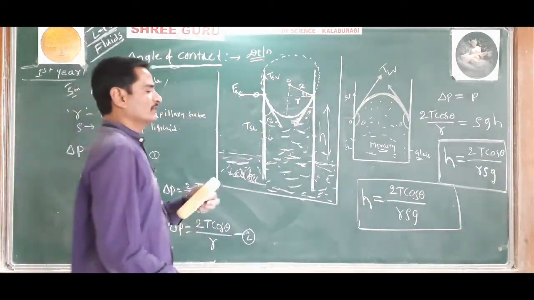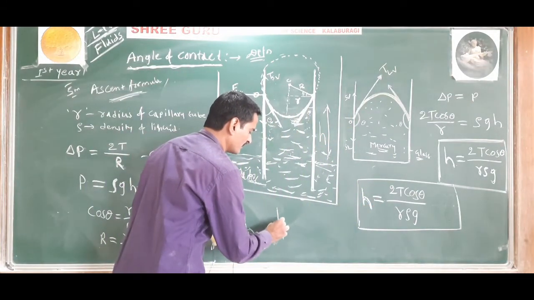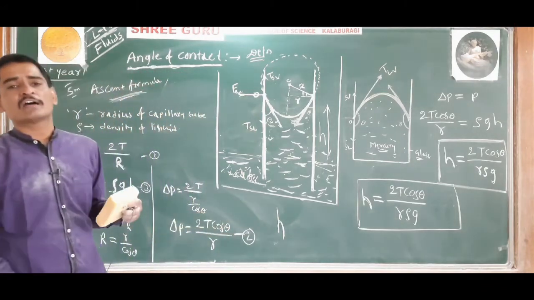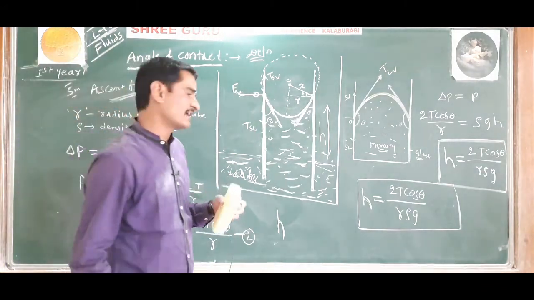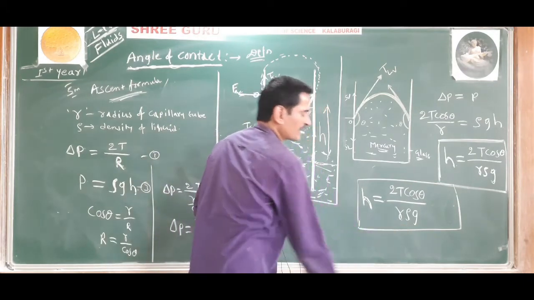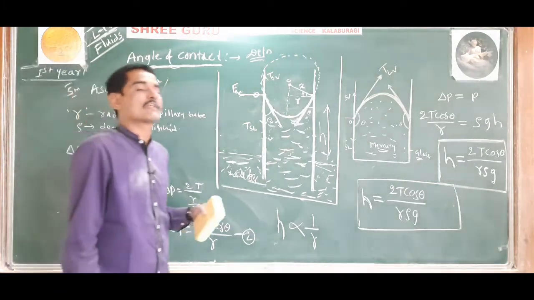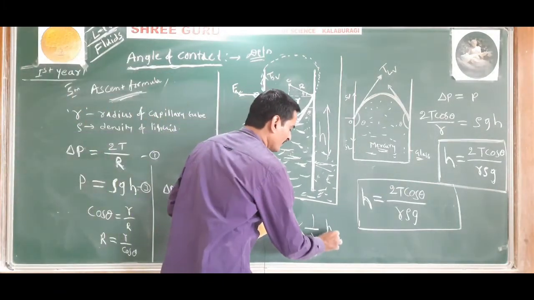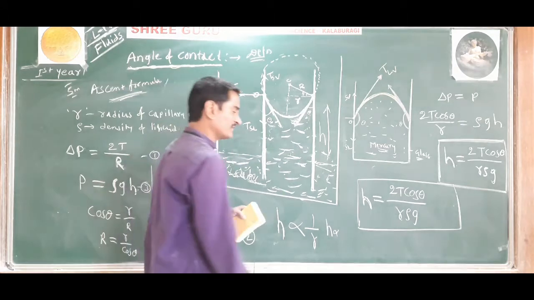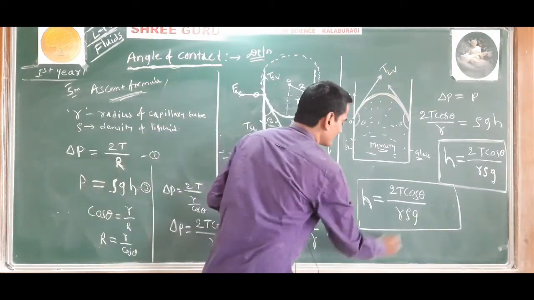Understood? Okay. So from this we understood that the height of the liquid, or the rise or fall of the liquid inside the capillary tube, is inversely proportional to the radius of the capillary tube. It is inversely proportional to the density of the liquid.